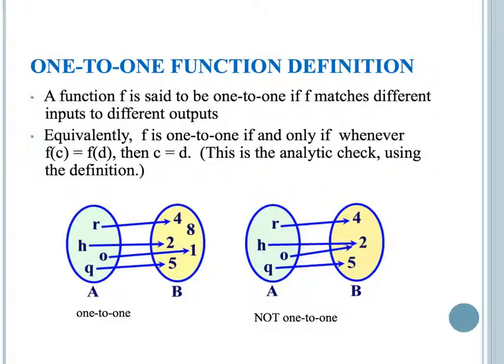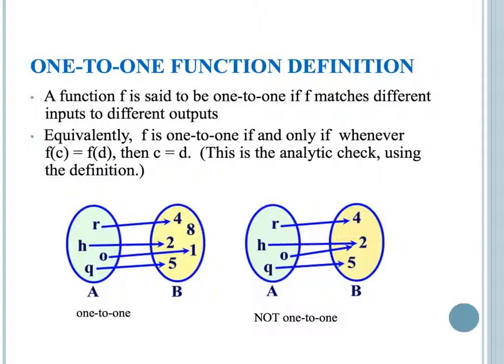Now we come to some of the more interesting, or a little bit tougher, ideas. When we were trying to come up with the definition of a function, we said that for every input there was exactly one output.